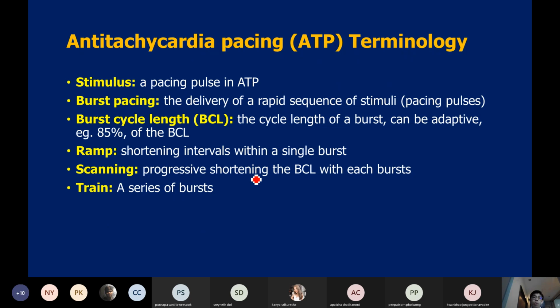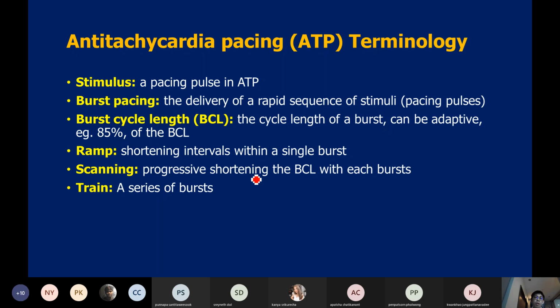For example, if you burst pace at the rate of 180 beats per minute, every beat that comes off the pacemaker during the ATP would be at the same rate. There is some burst cycle length, which you can program, the same as the rate.